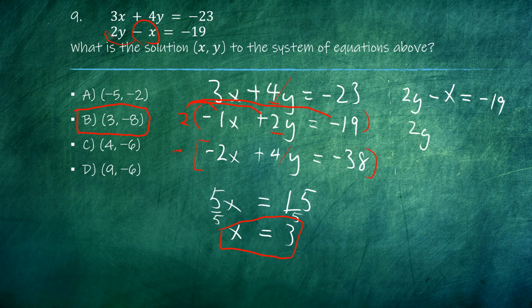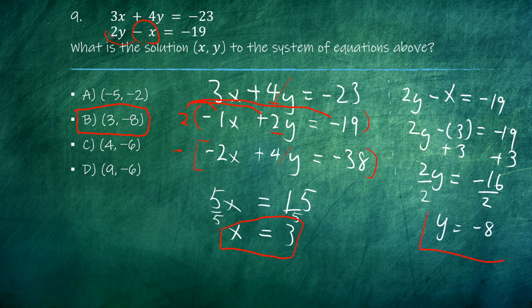And we know that x is 3, so let's plug 3 in for x. And plus 3 on both sides. So 2y is equal to negative 16. And we can divide both sides by 2. So we know that y is negative 8. And yes, that is our solution also.